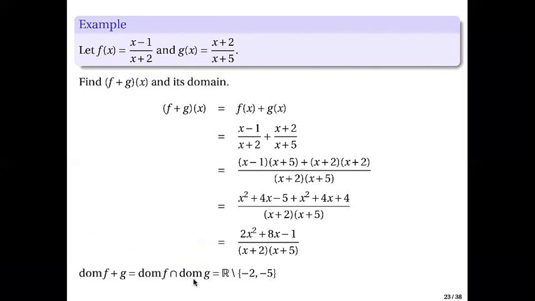Negative 5 is not in the domain of g. Okay? And that will be the domain of f plus g. So intersection: what is common between the two domains? Okay? Question.